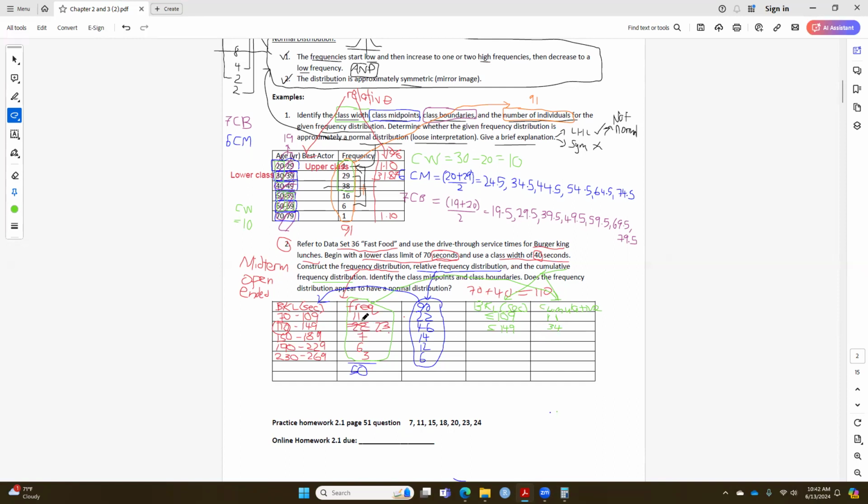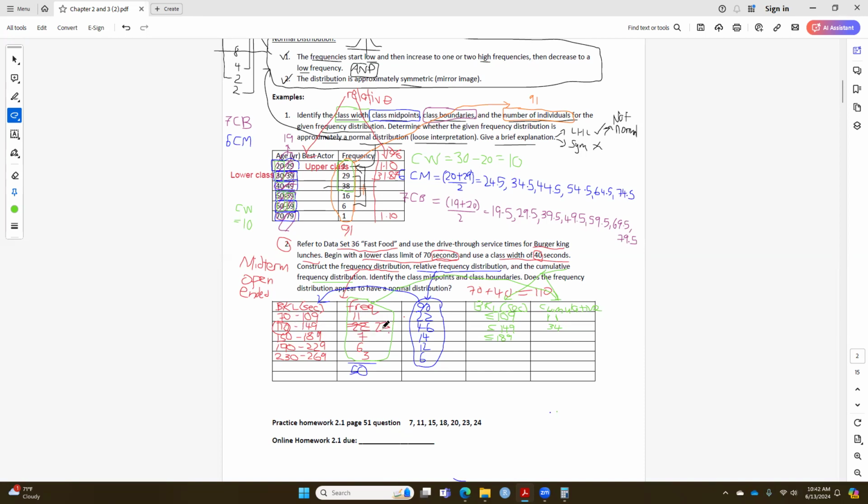And that means the 34 is actually not from 110 to 149. It's actually from 70 to 149, because you accumulate from the first class to whatever class you're doing. The next one we have is less than or equal to 189. So that means we are accumulating from 70 to 189, from the first class all the way to the third class.